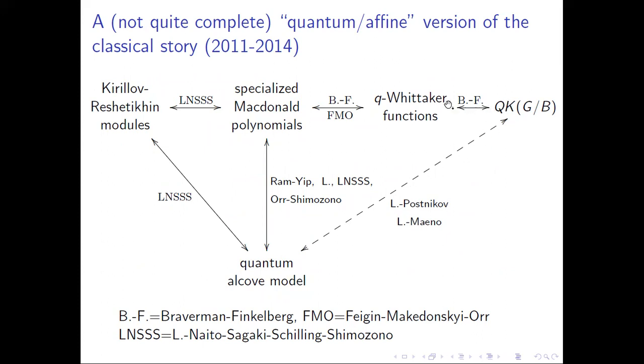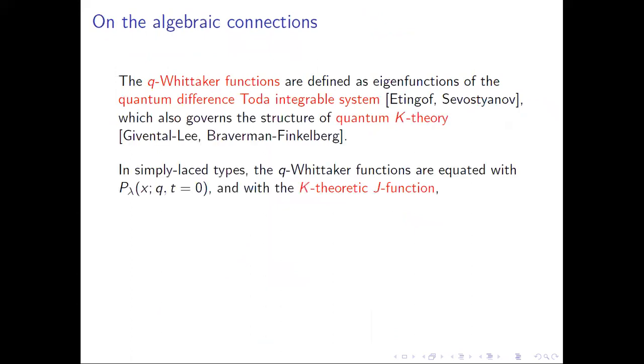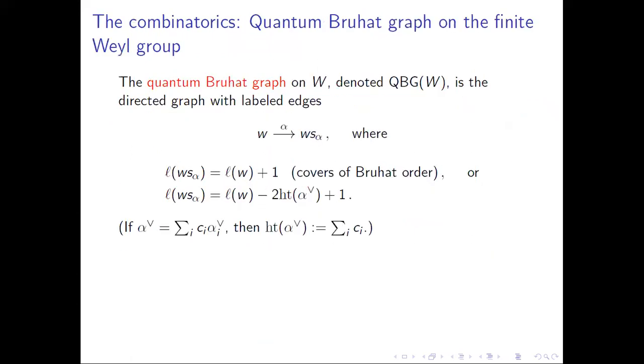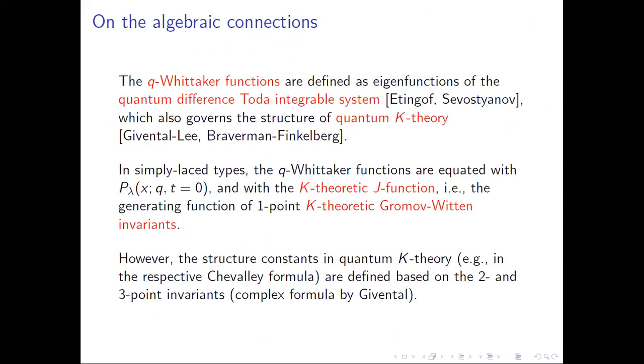So here it doesn't quite match up at the top. The 1-point invariants are weaker in a sense. In principle, you can use them to get the 2- and the 3-point invariants, but that's very complicated. So I won't talk too much about that because I want to get to a more complete picture.